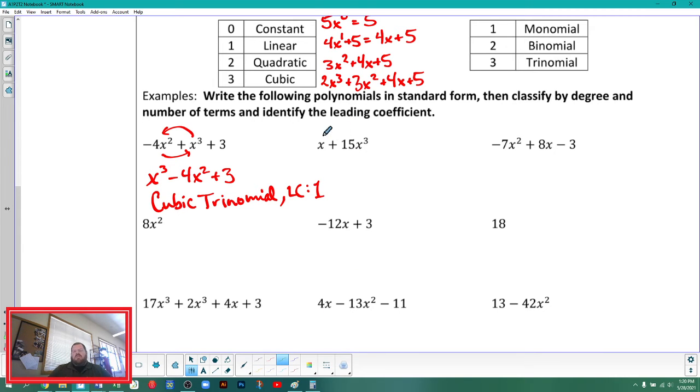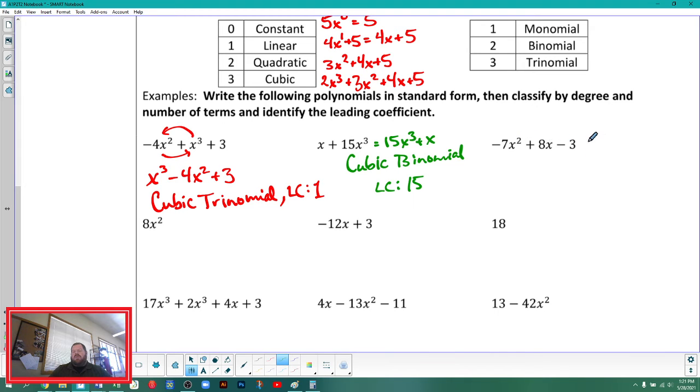On the next one, I do need to switch the order again. We'll call it 15x cubed plus x. That has a highest exponent of 3, so it's cubic. It has 2 terms, so it's a binomial. And a leading coefficient of 15. This next one's already in standard form.